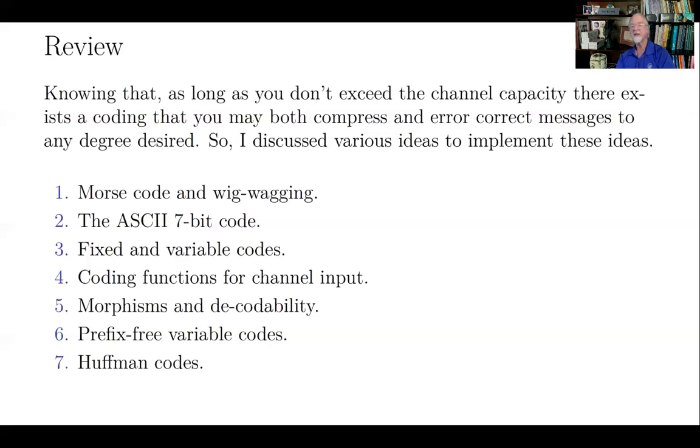So you can have variable codes, and by designing your codes very carefully and having this property prefix-free, then, assuming accuracy and no distortion, no noise, you can immediately decode all of the prefix-free variable code, which means you've done compression.